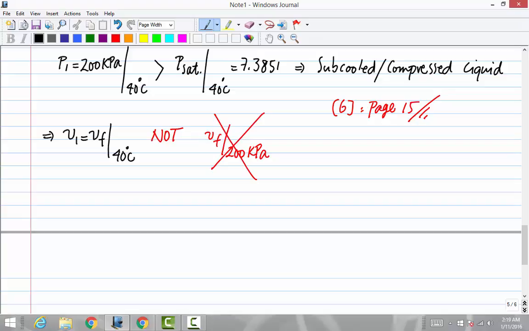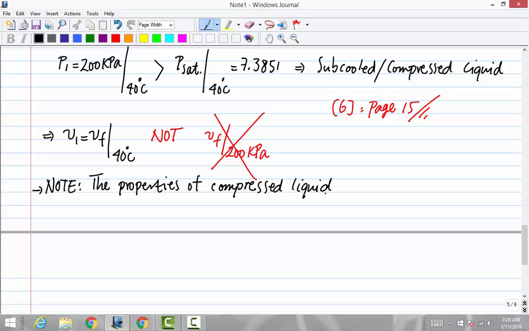Why? Because if you take a look at that page, it says the properties of compressed liquid depend on temperature.